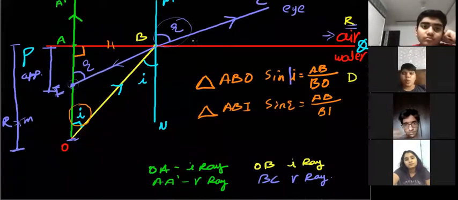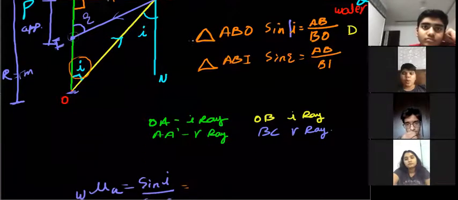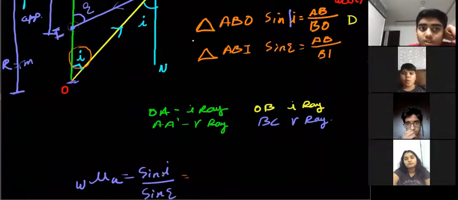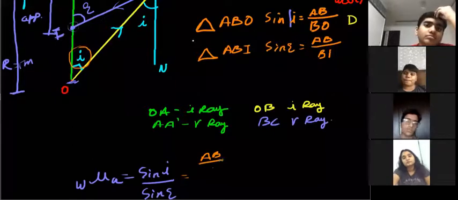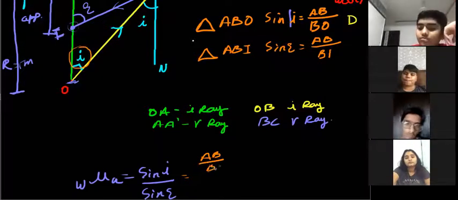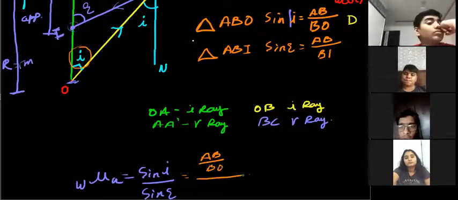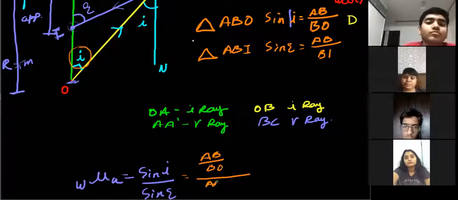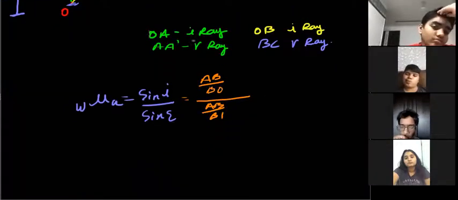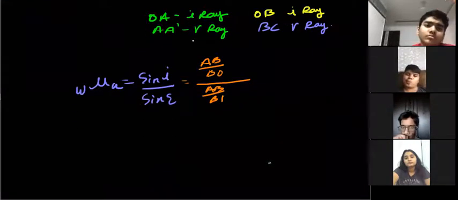Now we'll use this. We'll substitute the values over here. अपना जो sin I upon sin R है यहाँ पे. So sin I equals to AB upon BO divided by AB upon BI. Everyone clear up to here? Right?